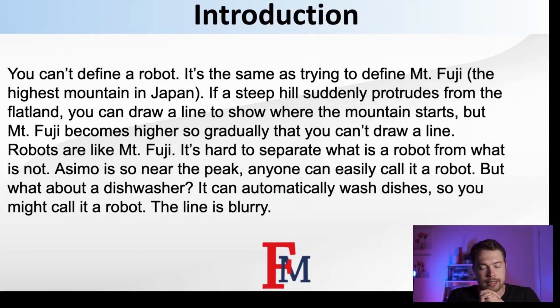Unfortunately, in general terms, in the literature, you can't really strictly define a robot. It's basically the same thing as trying to define Mount Fuji, the highest mountain in Japan. If a steep hill suddenly protrudes from flat land, that point is basically the border between being a hill and not being a hill.